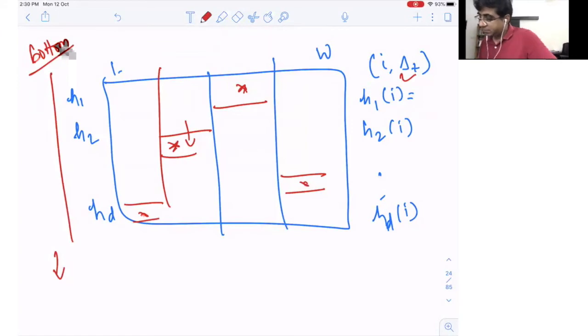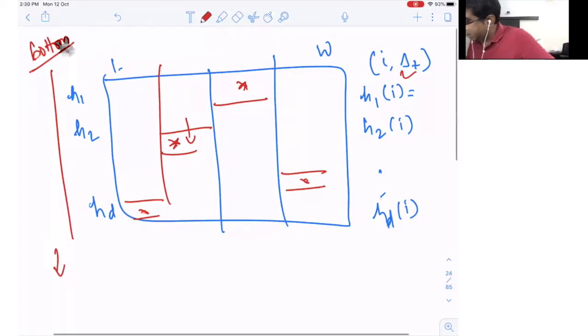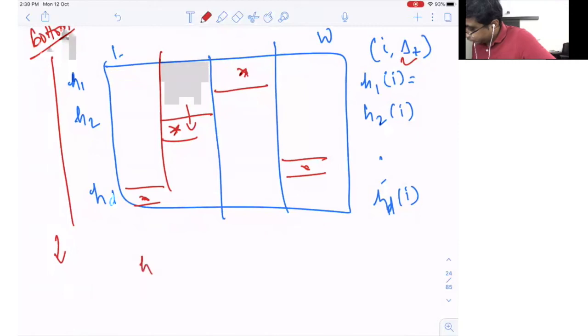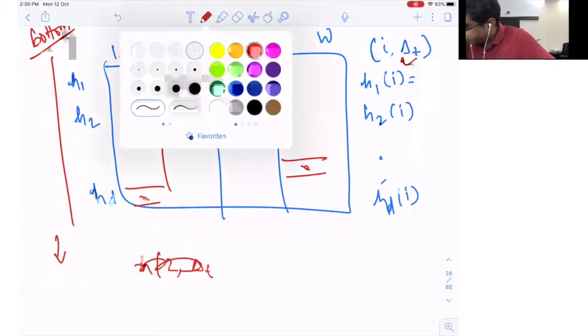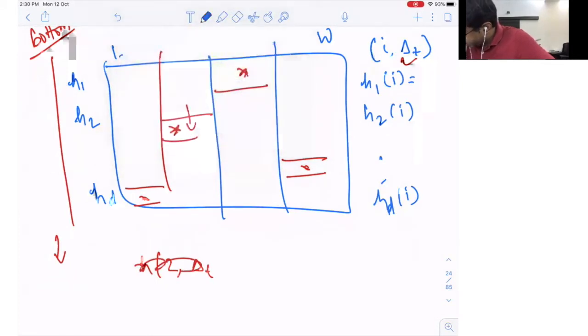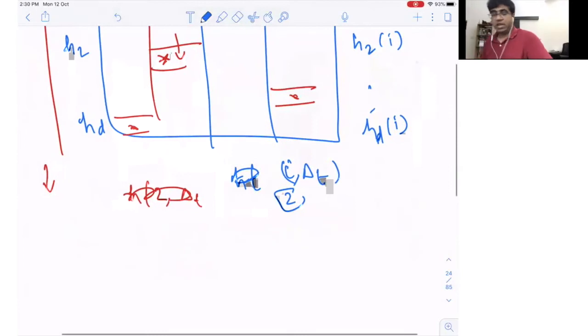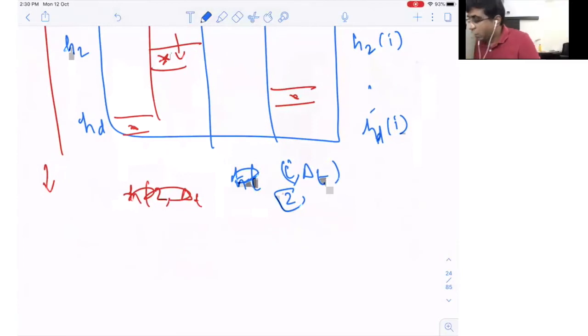What I mean by this is that suppose (i, delta tk) comes, and suppose i is 2 and I'm at the second level. Where should I make a change? Where should I go and sum?